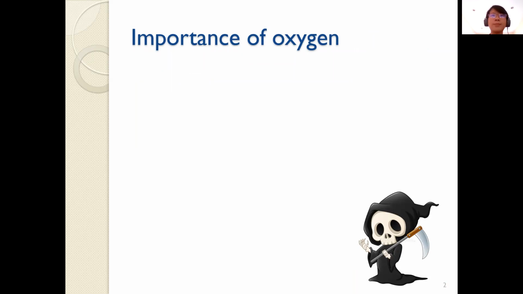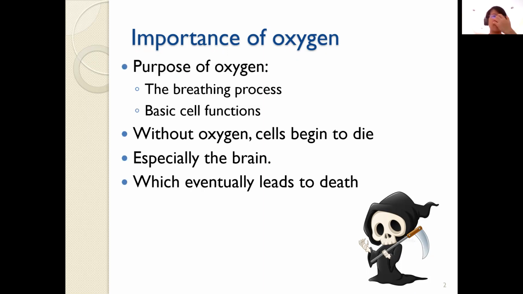And we spoke about the importance of oxygen in the past, right? We talked about how certain organs in your body, especially the brain, are very sensitive to oxygen deprivation. At the slightest lack of oxygen, they'll start to die. If you don't have enough oxygen, the cells will die, and in the brain, the cell death can be irreversible, and you will cause brain damage.